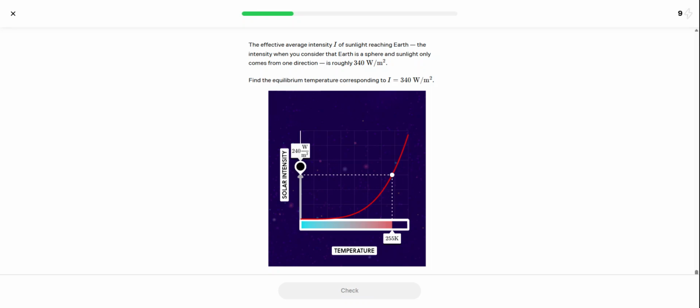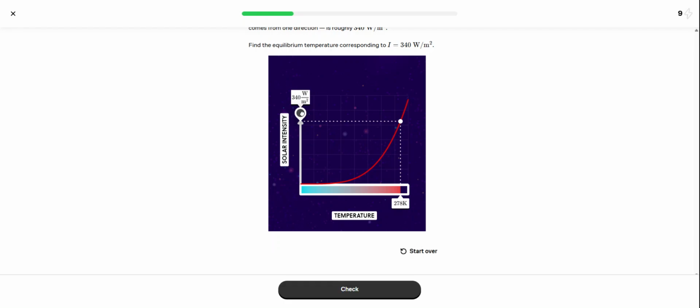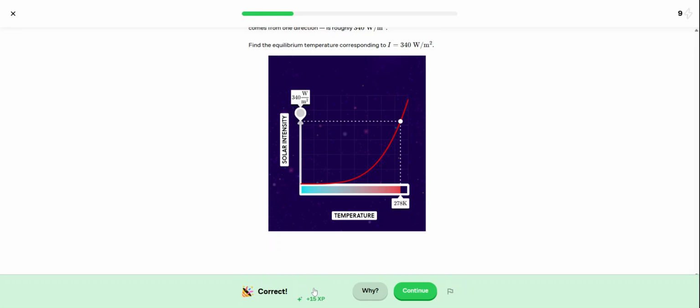Now find the equilibrium temperature corresponding to I equals 340 watts per meter squared. I just drag the y-axis and identify the equilibrium temperature. So I need to increase to 340. So like this, approximately 238 kelvins. So check. That's correct. So why, for reasoning?